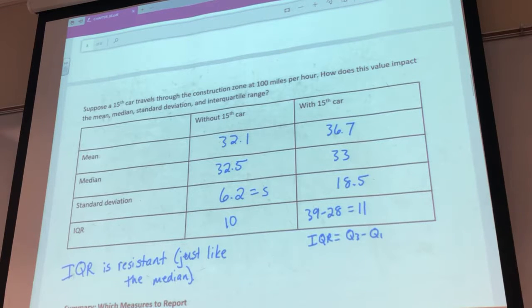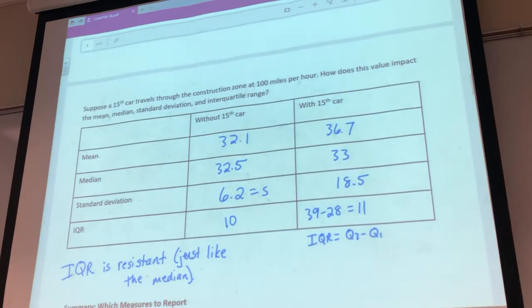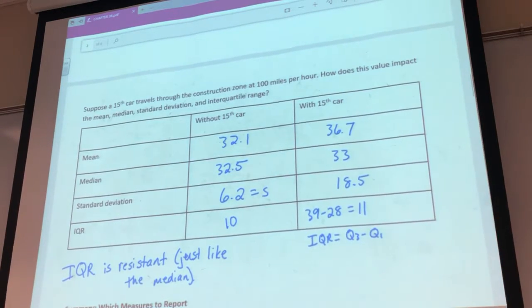So if you throw in an extreme value, really large or really small, it's not going to mess with what's going on with the middle. You know, it's going to change the range, but it really won't affect our interquartile range at all. So the interquartile range is resistant just like the median. Technically the mode is resistant as well.